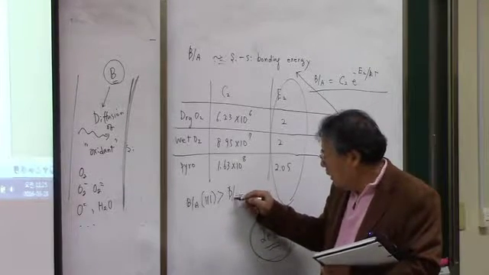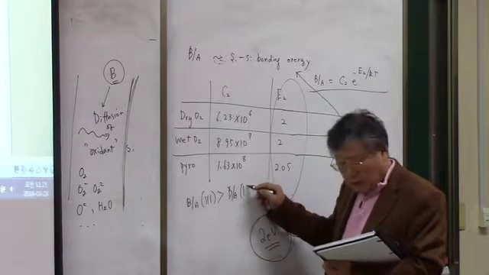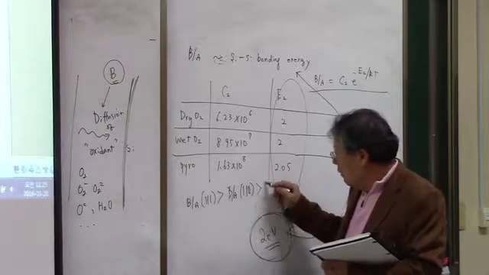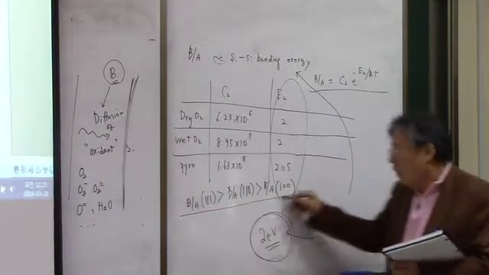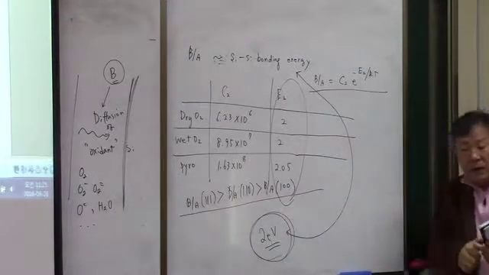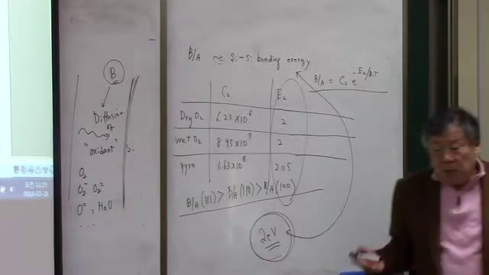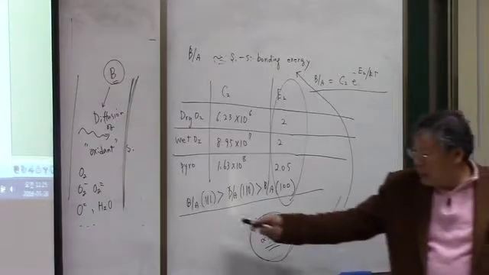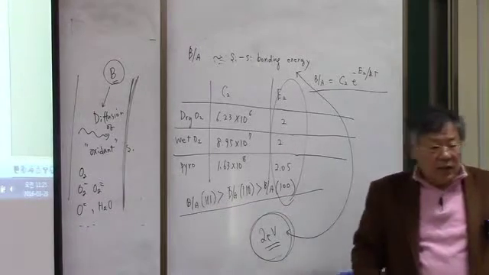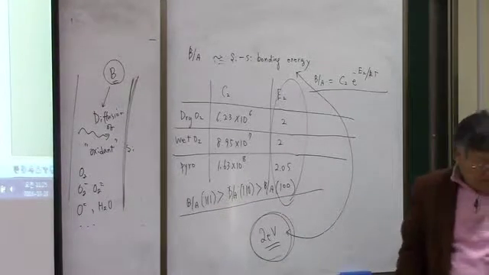B over A for 1,1,0, B over A for 1,0,0. So if you have a plane more densely populated with silicon, then the rate constant is bigger.